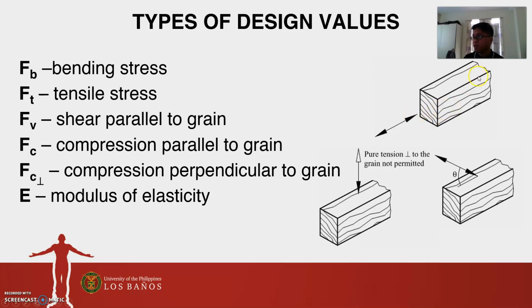If this is the grain and our compression is oriented in the same way, then it is expected to exhibit column-like behavior. While FC perpendicular, on the other hand, if this is the grain, then we have a compression perpendicular to it in this direction. Therefore, FC perpendicular deals with bearing forces.